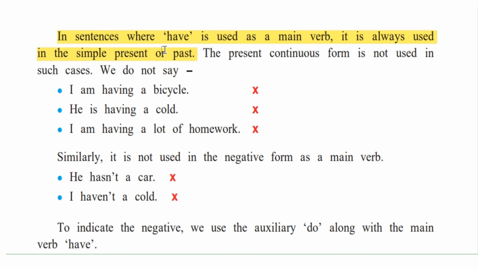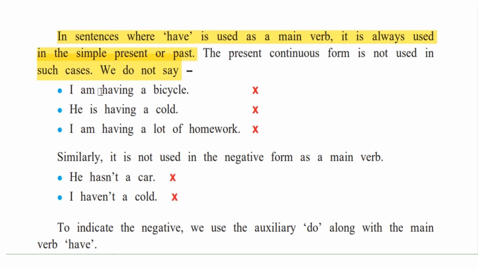In present tense, we use has and have, and in past perfect, we use had as the auxiliary verb. But whenever we are making use of have as the main verb, we use it in the simple present or simple past tense. We do not use it in the present continuous form. So the present continuous form is not used in such cases.